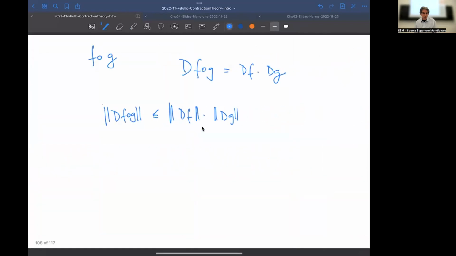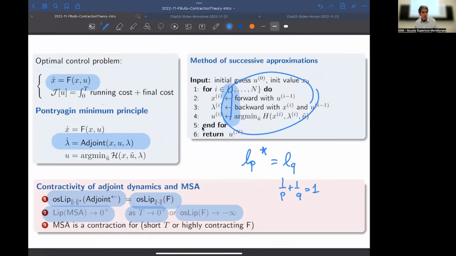All right, so that's the whole story I wanted to share with you about this optimal control idea. Using these concepts of Lipschitz constants, input to state stability, and this idea that forward and adjoint equations are very closely related to one another, you can embark upon a study of the contractivity of these optimal control algorithms.